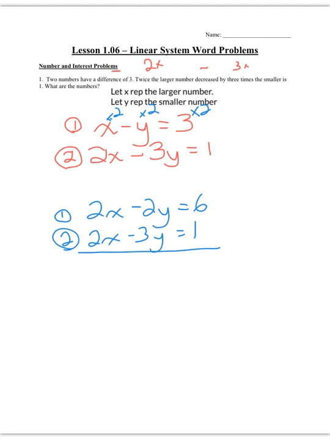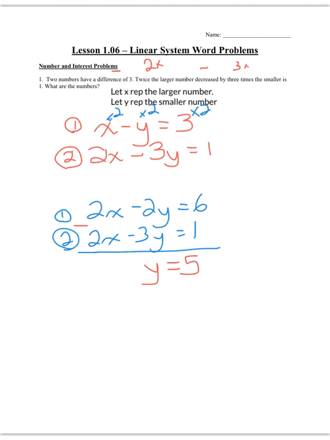Now to eliminate the x variables, we want to subtract because they're both positive 2. So you put a subtraction symbol in the middle. You're subtracting these two equations, the top minus the bottom, and you're left with negative 2y minus negative 3y. Negative 2 minus negative 3 is positive 1, so 1y equals 5.